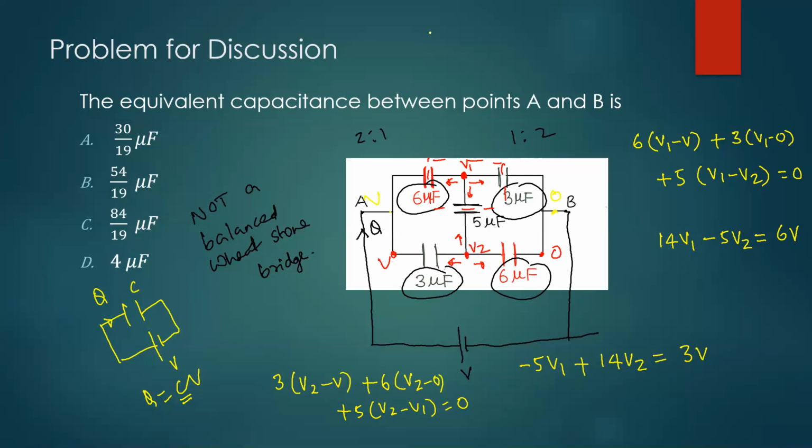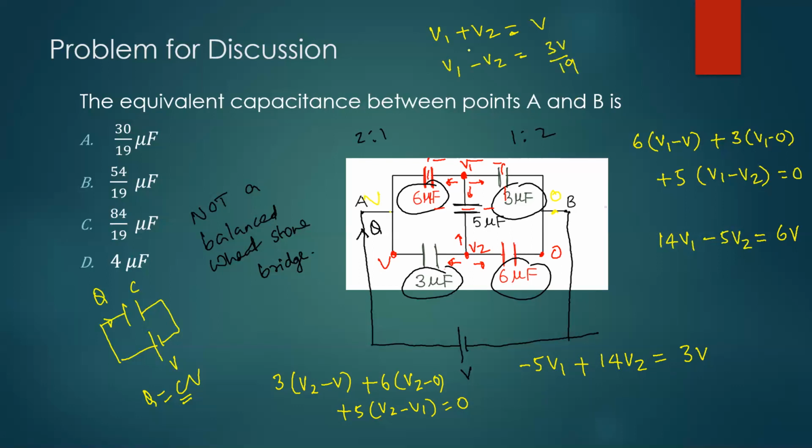You will nicely get V1 plus V2 as V. Now if you subtract, you get 19 V1 minus 19 V2 is equal to 3V. So V1 minus V2 is 3V by 19.